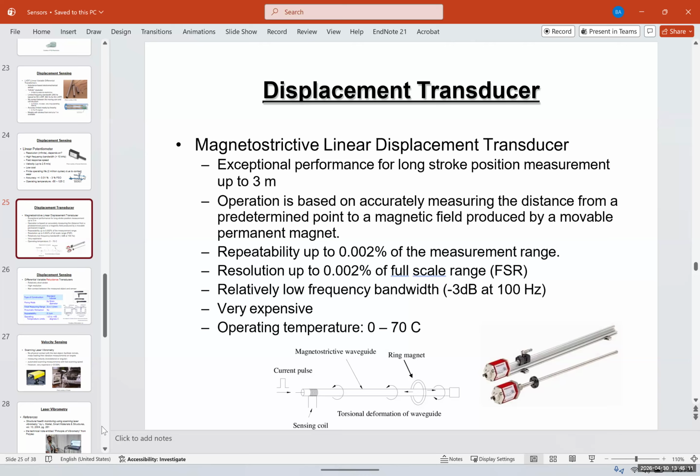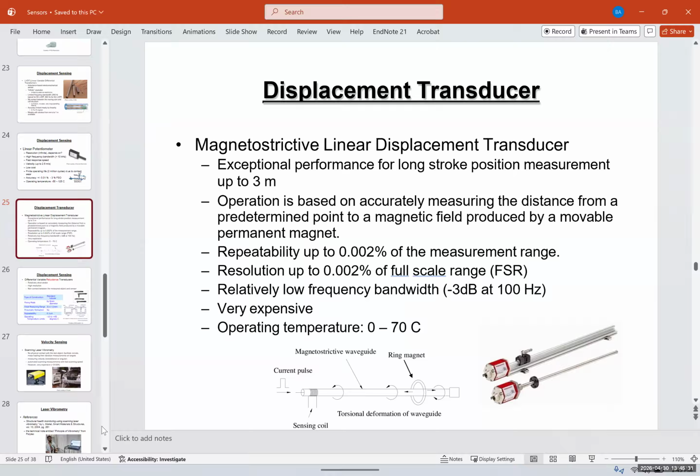The repeatability is up to 0.002% of the measurement range. The resolution is up to 0.002%, which is great, of the scale of full range. It has relatively low frequency bandwidth, very expensive, and operating temperature is 0 to 70 degrees because temperature affects magnetic field.